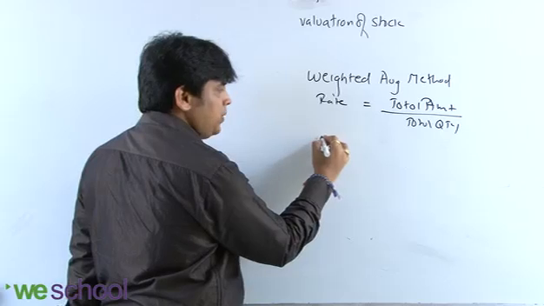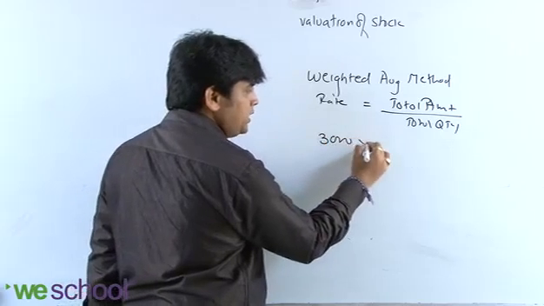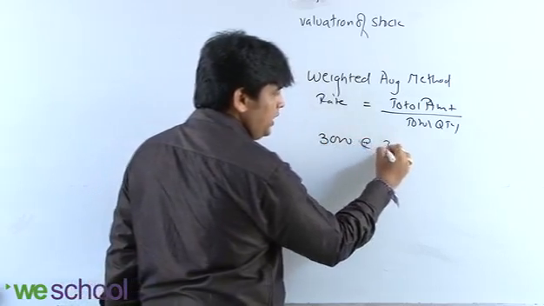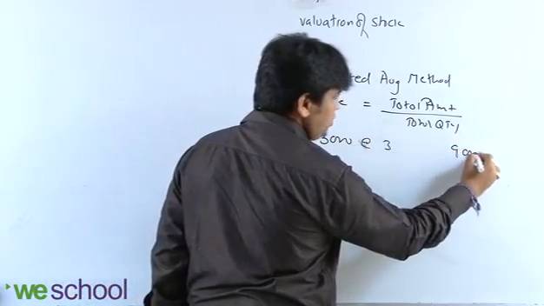Now take one more example. I purchased 3000 units at the rate of 3 each. That gives me 9,000.